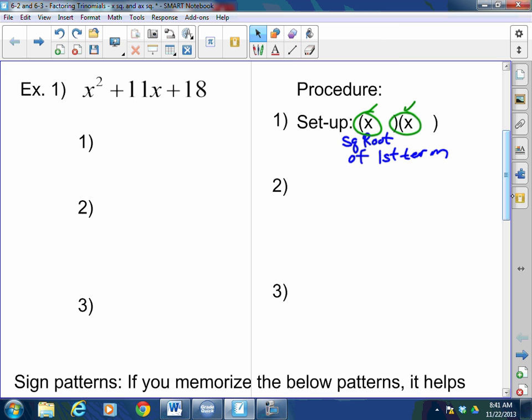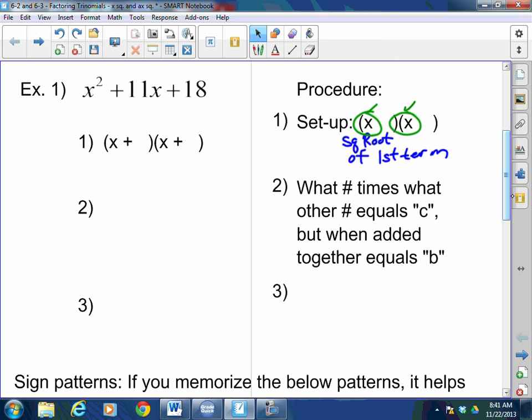Okay, so number 1 for this, x and x. Done. Number 2, what times what equals the c value, but when added together is the b value? What times what is 18 in this case, but when added together is 11?